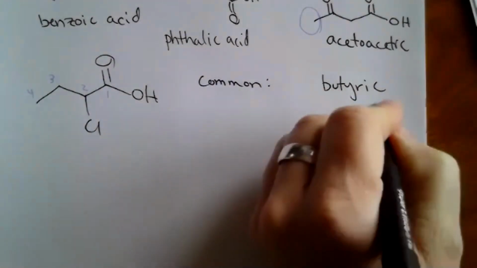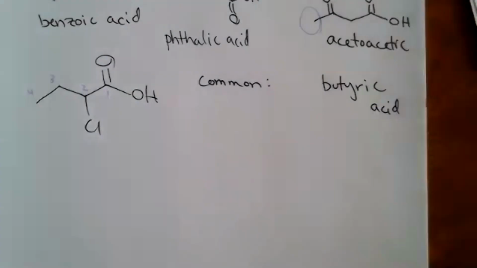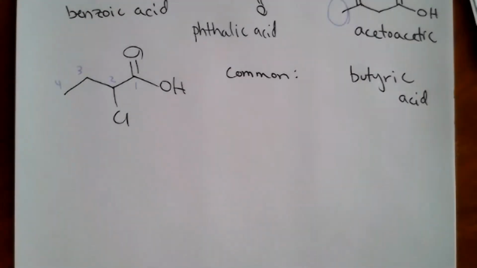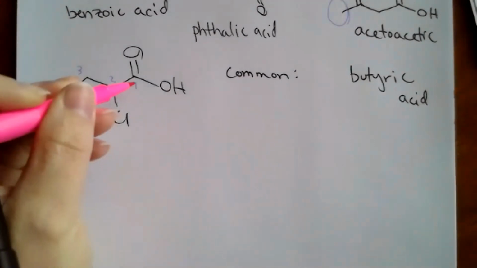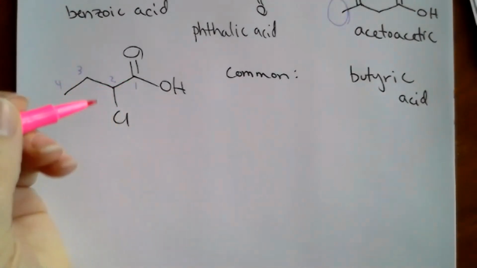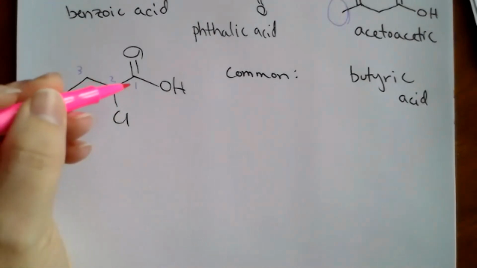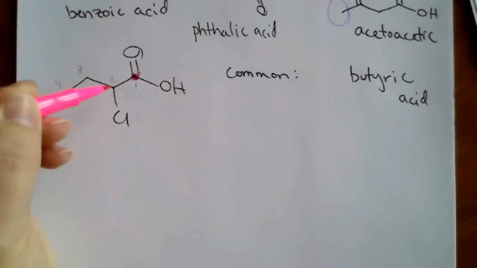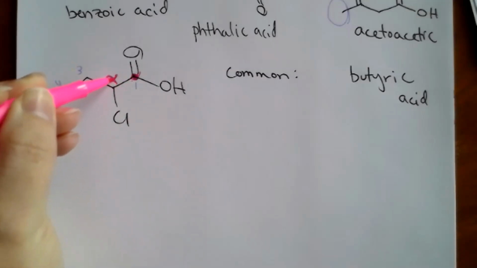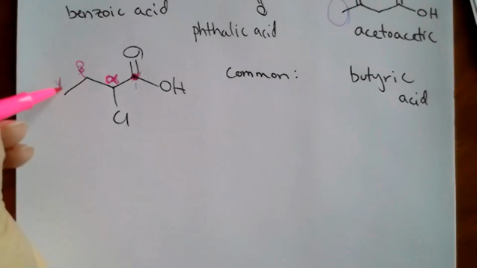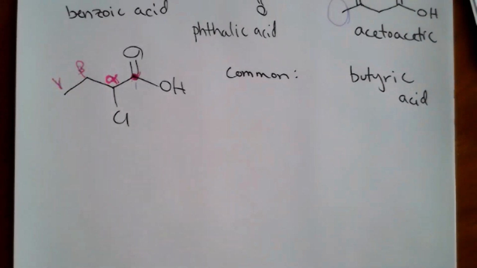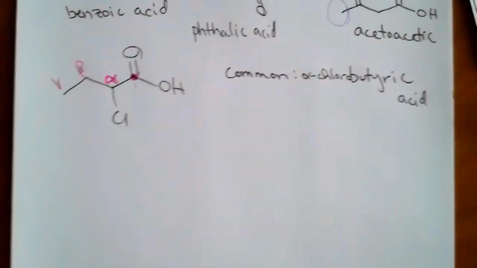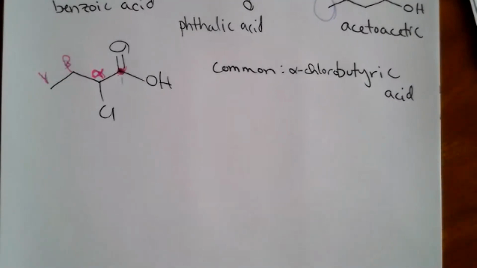Butyric acid has something hanging off of it. This is not a 2-chloro. We have to use alphas and betas. Common nomenclature says, this is my carbonyl carbon. This is my carboxylic acid carbon. Next door to my carboxylic acid carbon is alpha, then beta, then gamma, etc. So this is alpha chloro butyric acid. That's the common name.